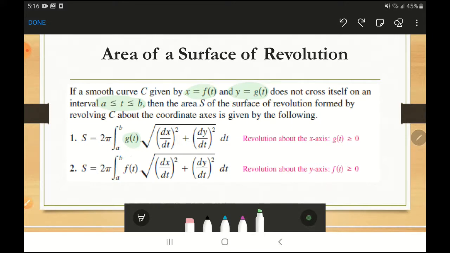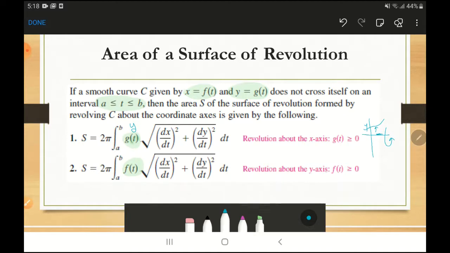And if we revolve the curve about the y-axis, then we have x over here. If you revolve the curve about the x-axis, then you will need a function of y, times the arc length element.